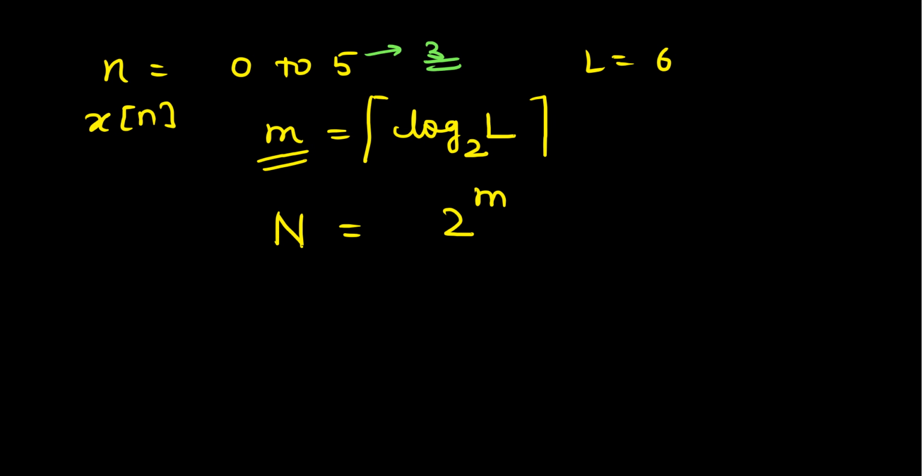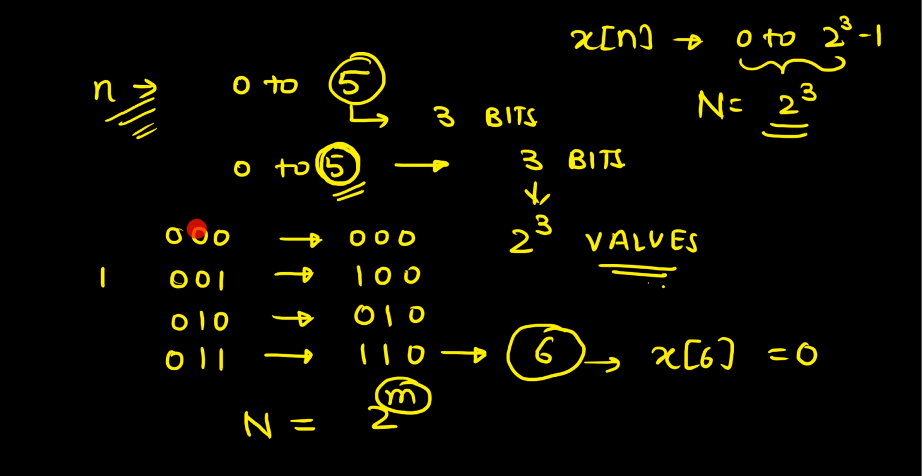This can be found using the formula m equal to ceil of log L to the base 2, where L is the length of the signal that we are given. We need to do this because if we consider the bit reversal, we may get a value that exceeds 5, and at that point we may not have the value of x of n.